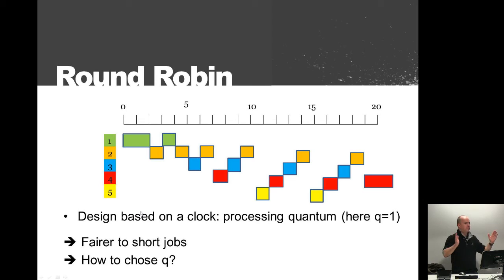Obviously, the smaller the time, the fairer it's going to feel, because everything will change from one to the other all the time. So you will feel that everything is running in real time. However, you need to think about what your operating system has to do: you run an application, you stop it.